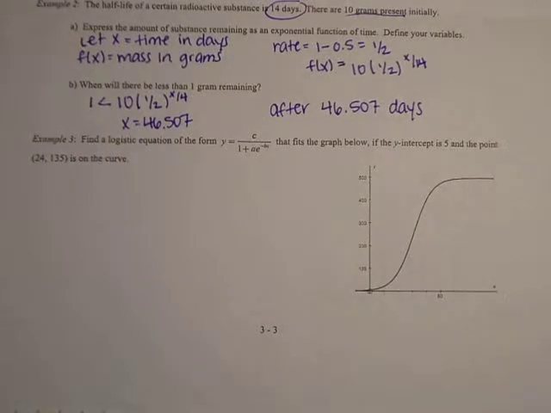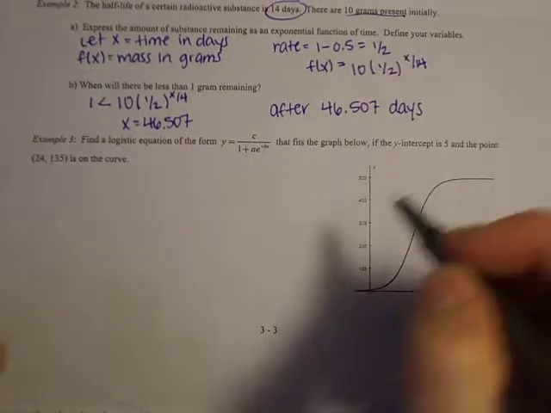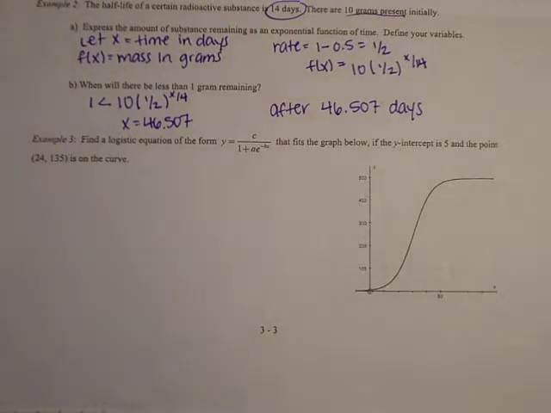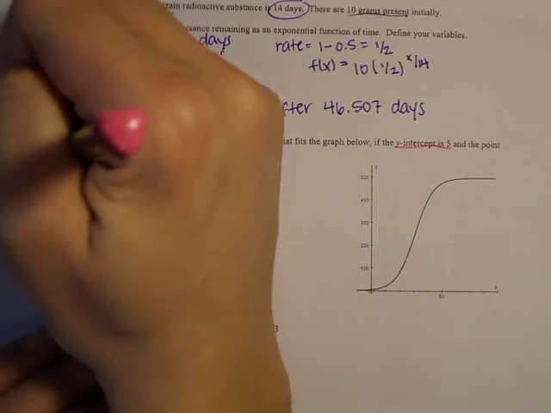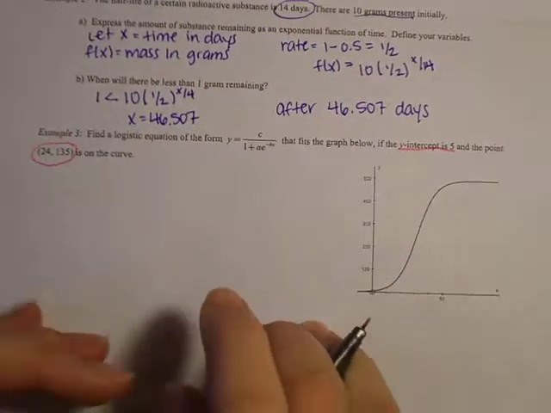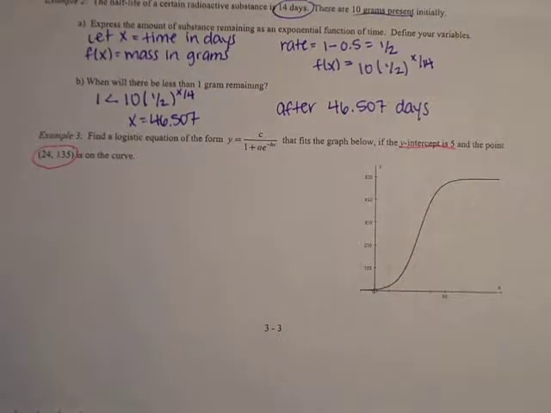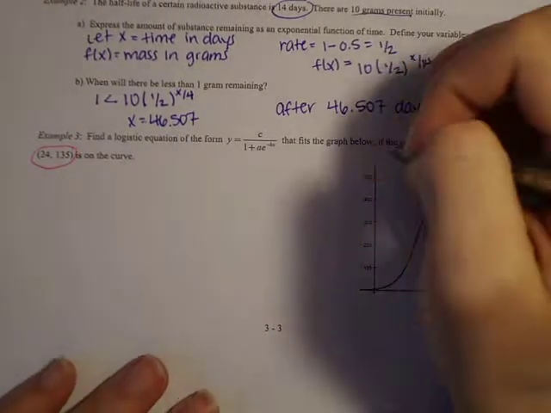Now for our last example, we need to find a logistic growth function with a y-intercept of 5 that goes through the point (24, 135). Remember, c is our limit of growth, and here we can see that it is 500.